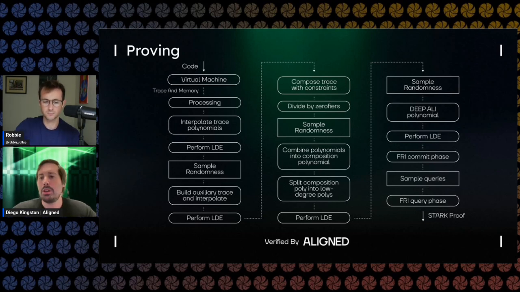For example, different hash functions can lead to dramatic changes in performance. And finally, after all these steps, what you get is a very short string that you can then check by doing some very simple computations.